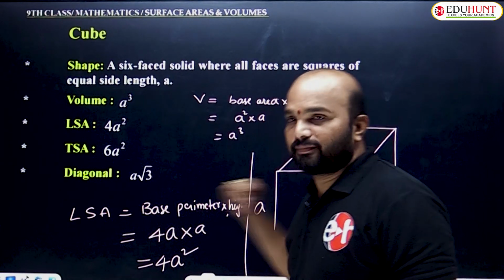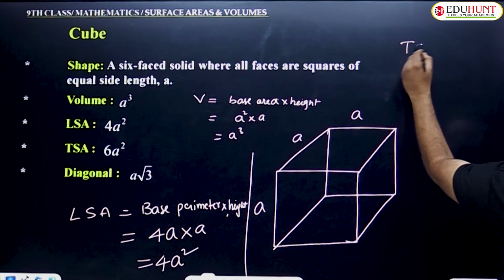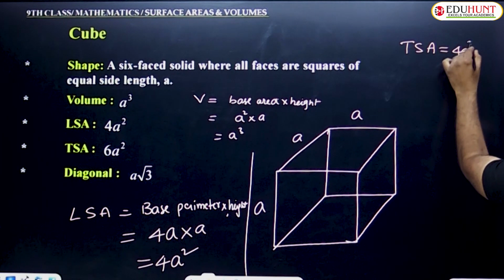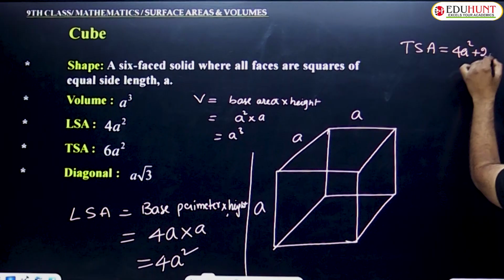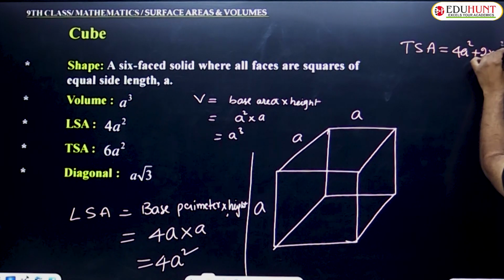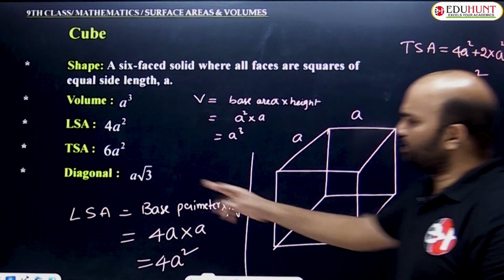Total surface area equals lateral surface area, 4a squared, plus 2 into base area, 2 into a squared. Total 4a squared plus 2a squared, 6a squared. That is the total surface area.